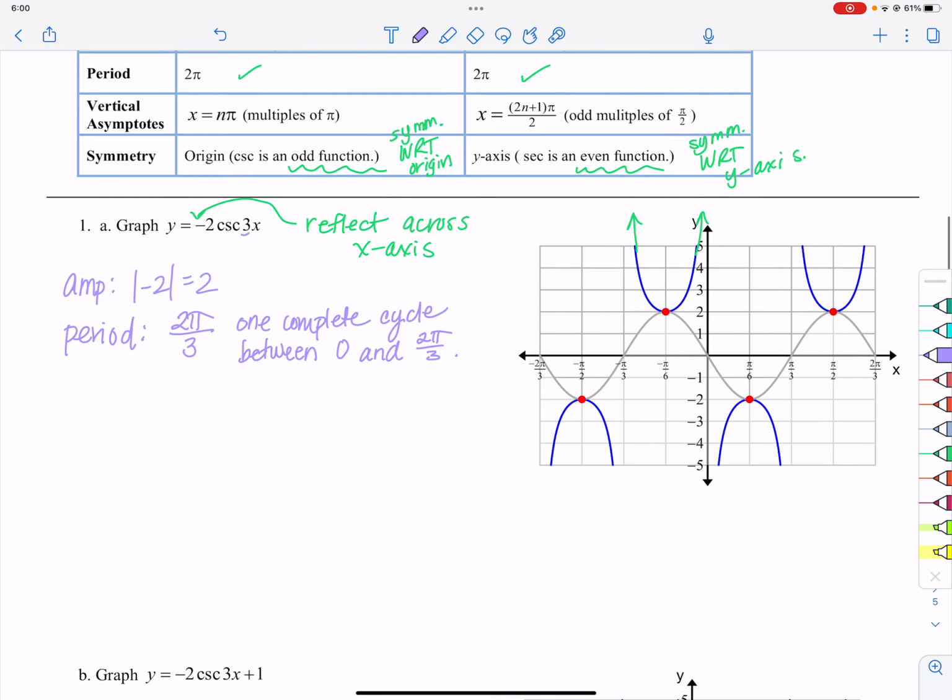Okay, let's talk about where y equal to 3 sine x has x-intercepts. Let's do that first. Note, y equal to the, not the secant, the sine of 3x has x-intercepts at even multiples of pi over 3.